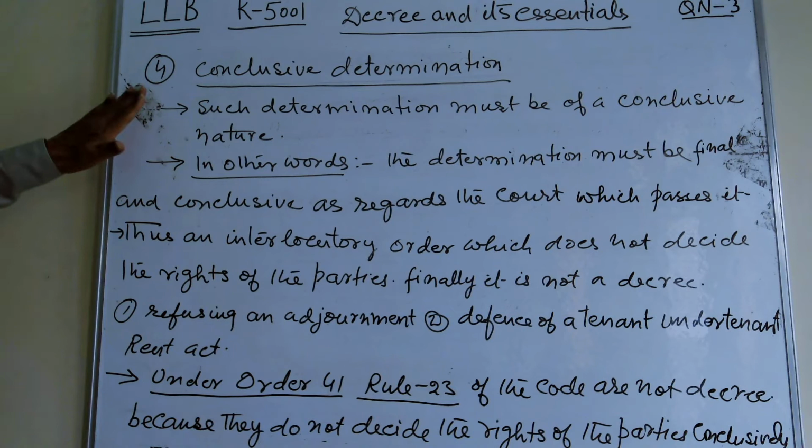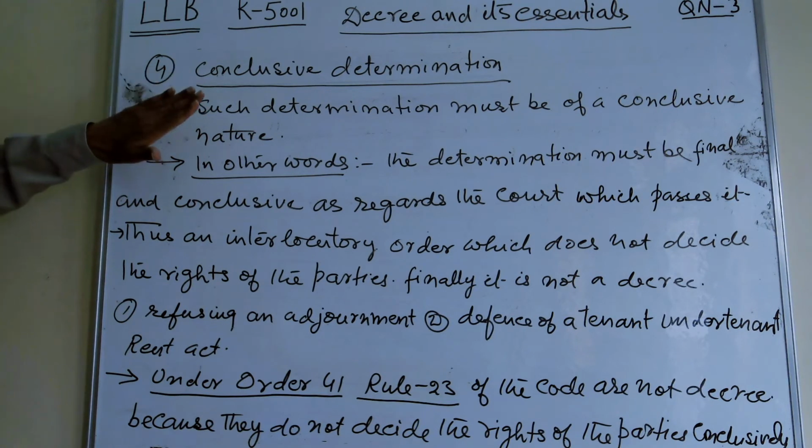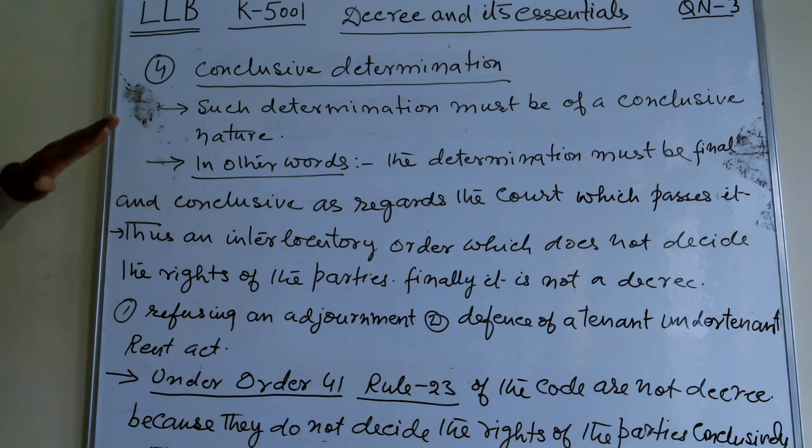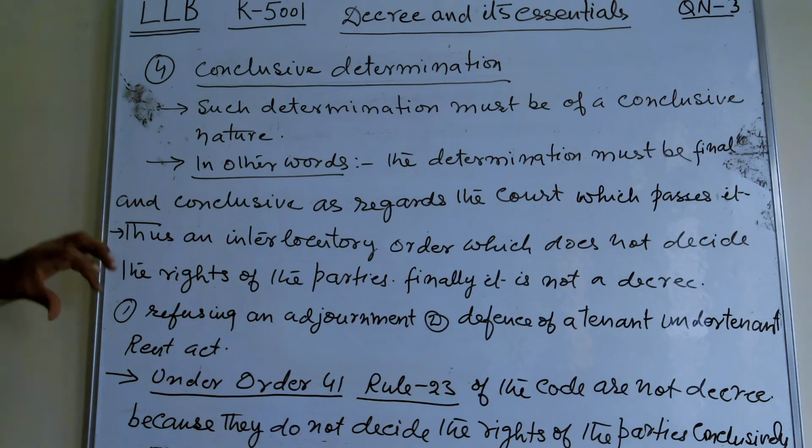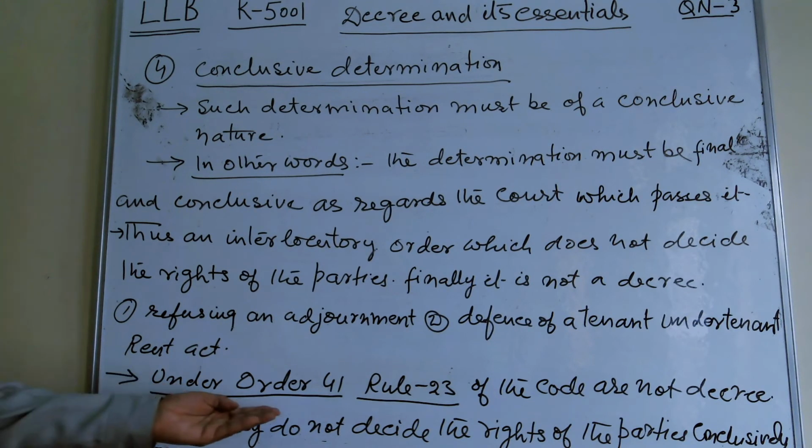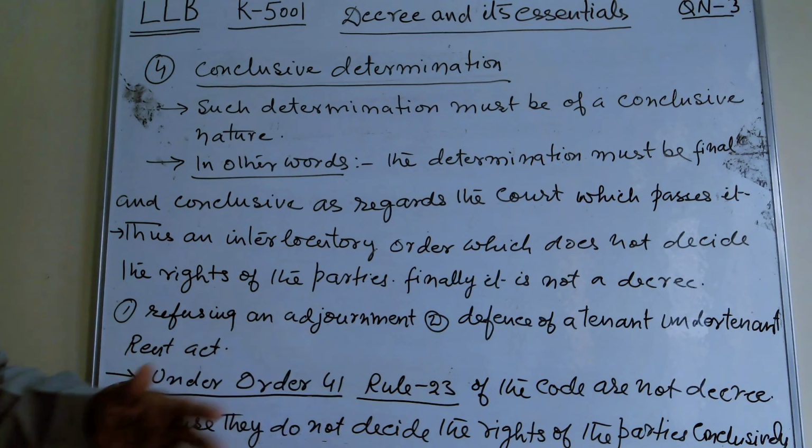My dear friends, only in this fourth condition, the determination must be of conclusive nature. And one thing I want to tell you more, some orders are simply for the adjustment of some work. These orders are interlocutory orders and these orders are given under Order 41 Rule 23.